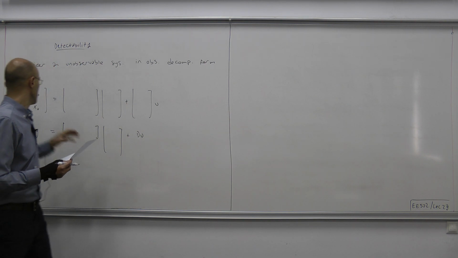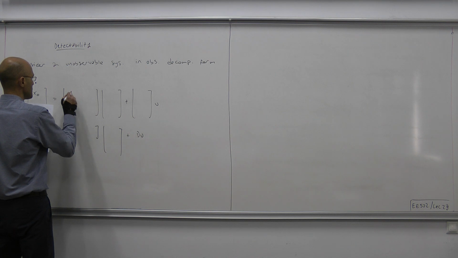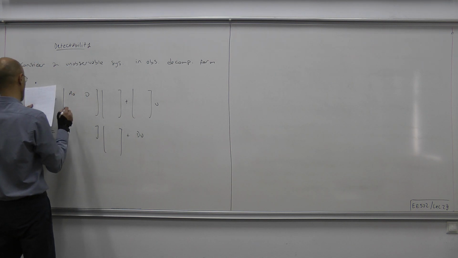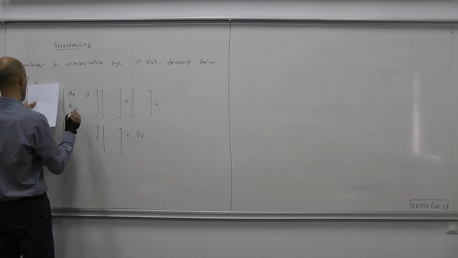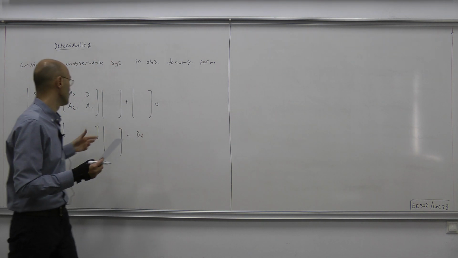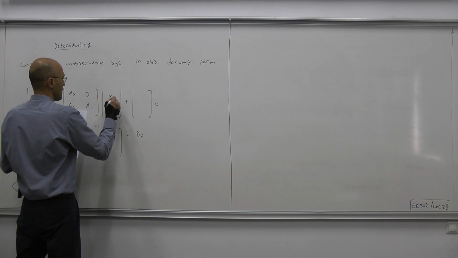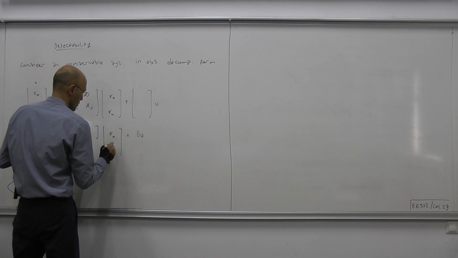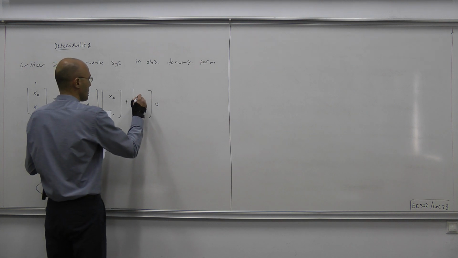Okay. So x dot equals, this is the A matrix of the observable decomposition, Ao, A21, Au. It's in lower block triangular form, acting on xo, xu.